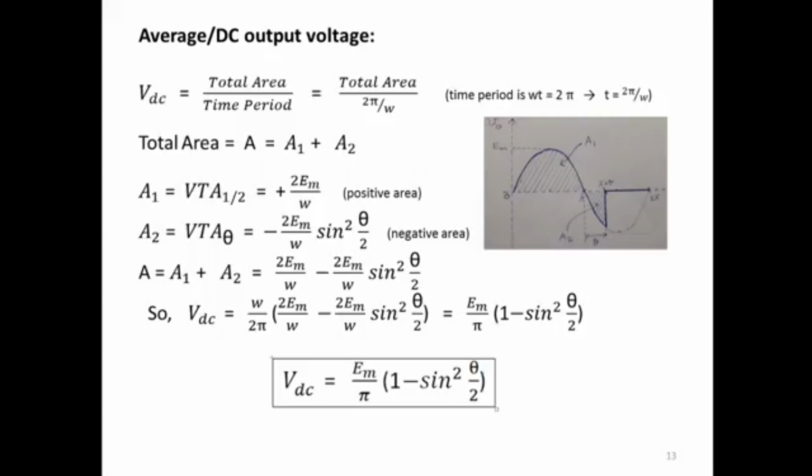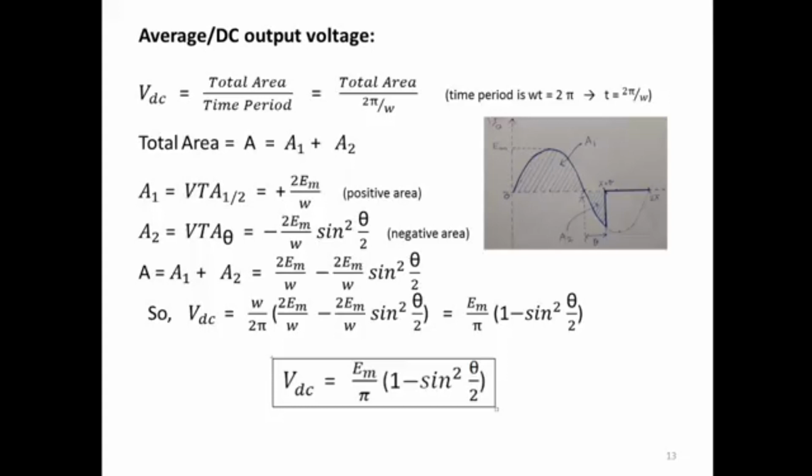Now to find the total area covered by the waveform, it consists of the sum of two areas, as you can see in the shaded waveform, A1 and A2. A1 is a positive area since it exists for positive voltage, for the positive y-axis, and A2 is a negative area since it exists because of the negative voltage.